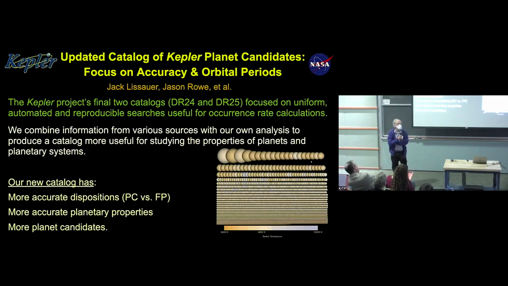But we want to get which candidates are very likely to be real planets and which are not, the detailed properties of those planets as accurately as we can, and especially a focus on the orbital periods, including a theoretical analysis for many dynamically solved systems through TTVs of how the measured orbital periods during the Kepler epoch for these systems would change if you had a 4-year observation at different times.